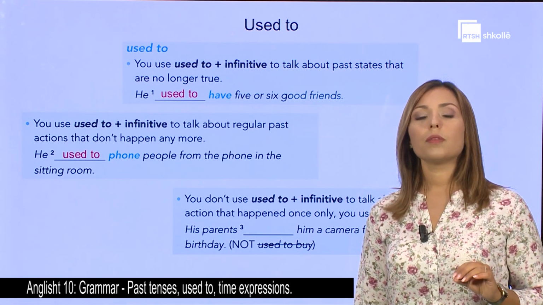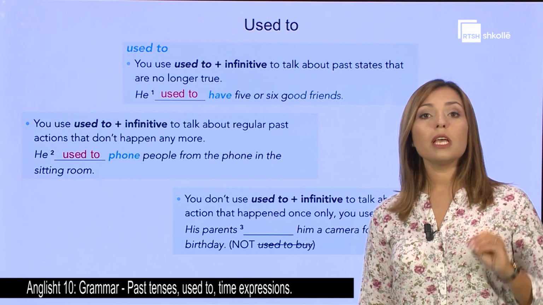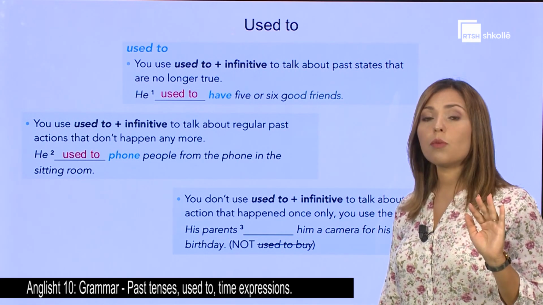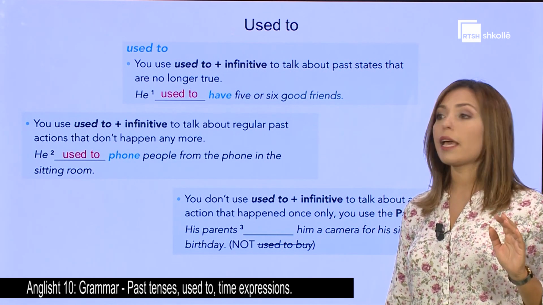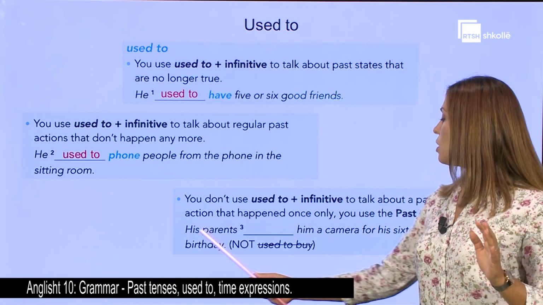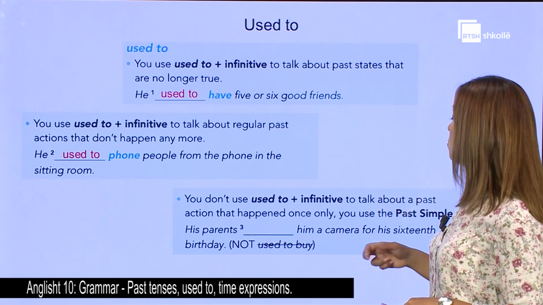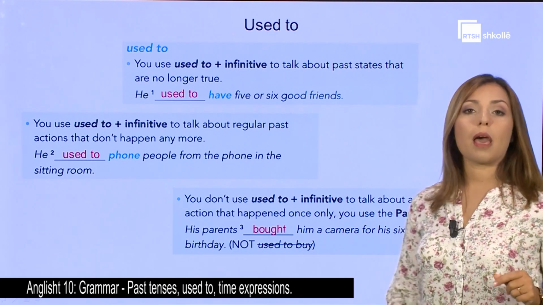Be careful. We cannot use used to if something happened just once and it doesn't happen anymore, or it didn't happen again. For example, his parents, we have the verb buy. His parents bought him a camera.